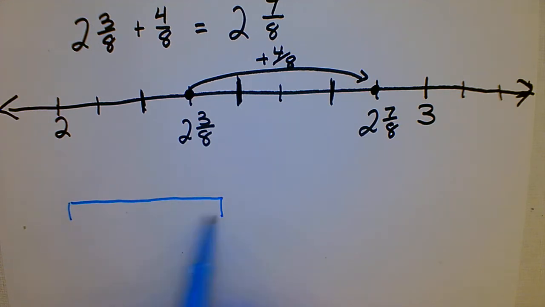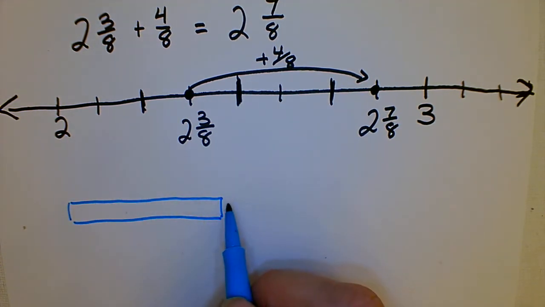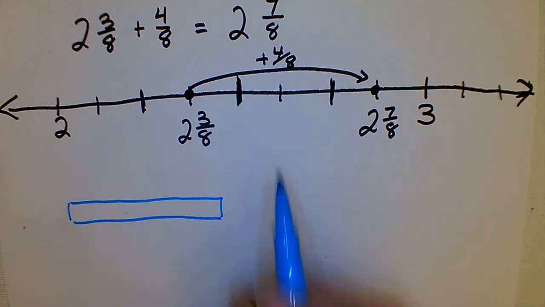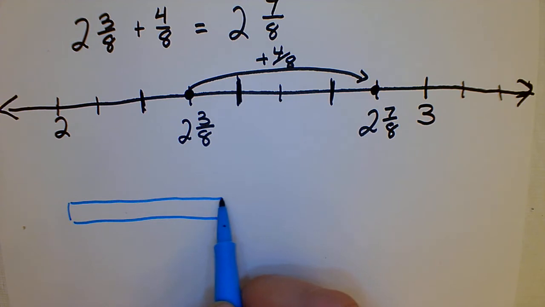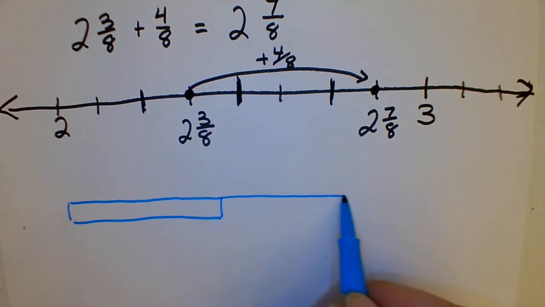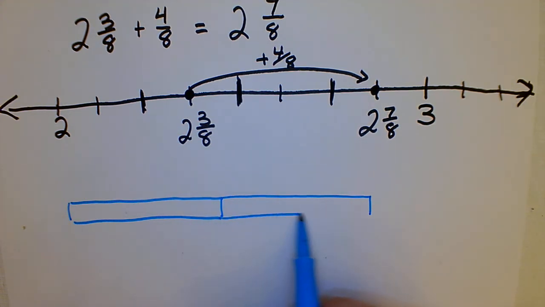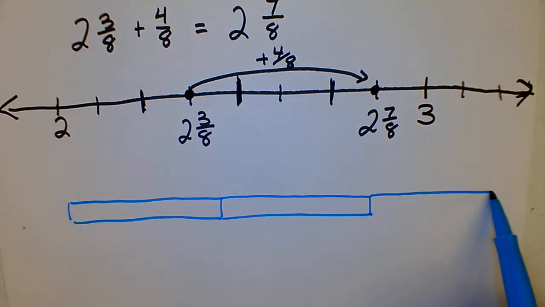So, this would be one whole. Sorry, I'm just torn. I really want to do it the right way. So let's see how this goes. And here's another one. And then here's a third one. And I'm just trying to make sure I don't go off the page.